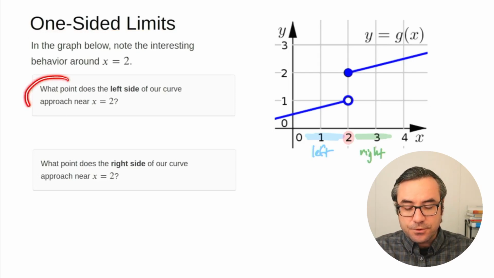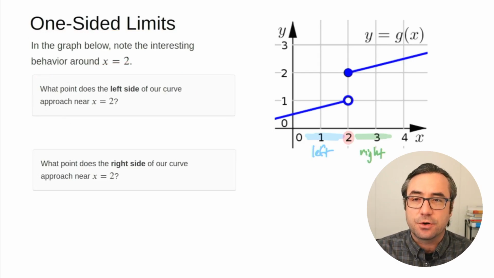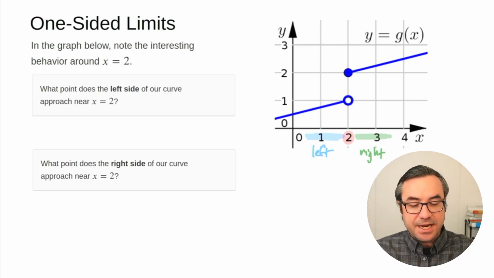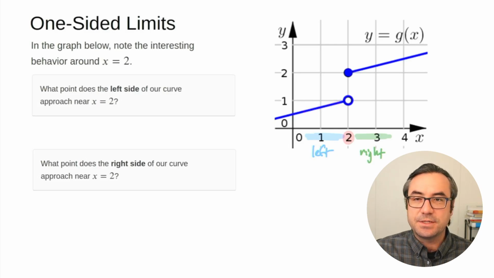So for this first question, what point does the left side of our curve approach near x equals 2? So we want to imagine standing over here on the left side. You want to imagine a little ant or something. We're standing on the left side, and then we're just going to walk along our curve, and follow the curve and see where it takes us.